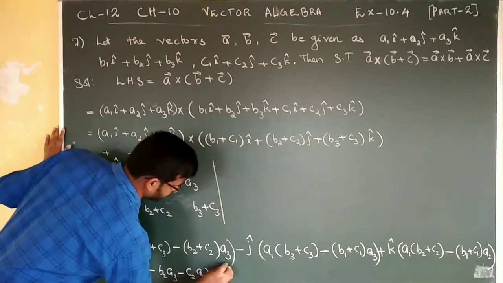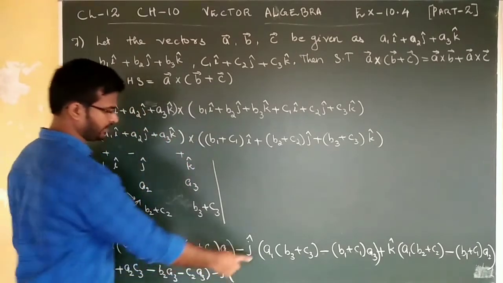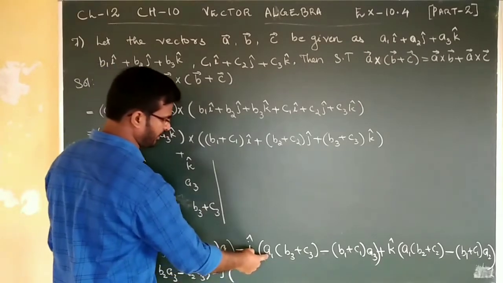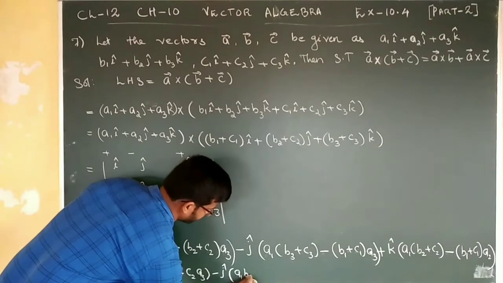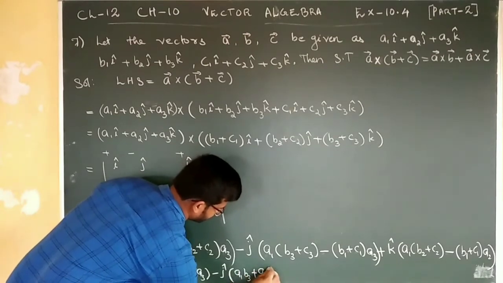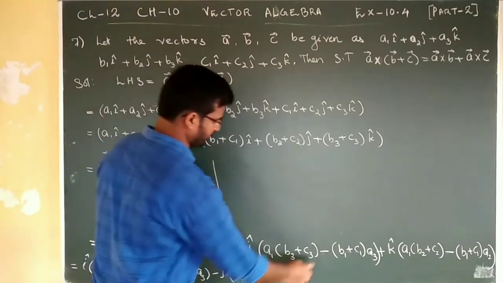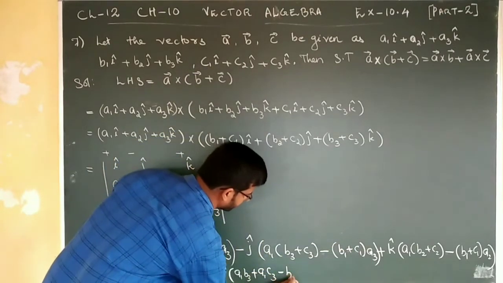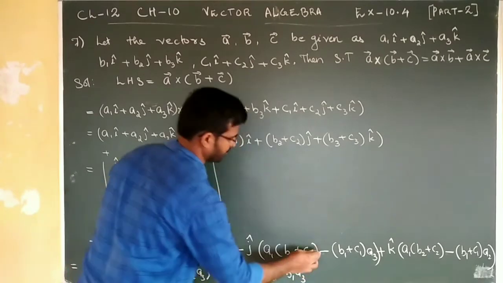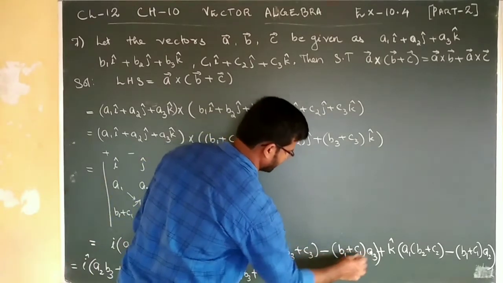Minus J vector: A1 B3, A1 C3, minus B1 A3, again minus C1 A3.